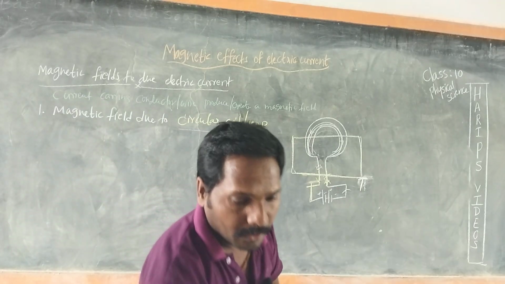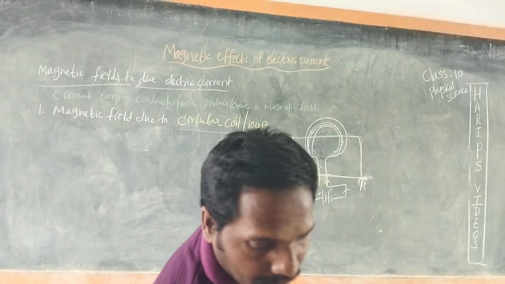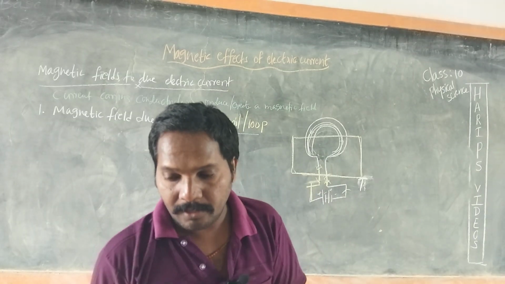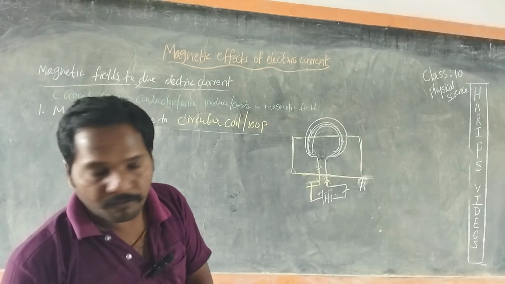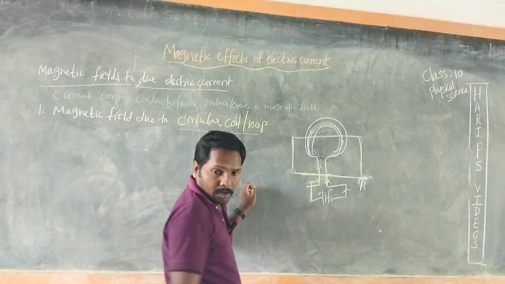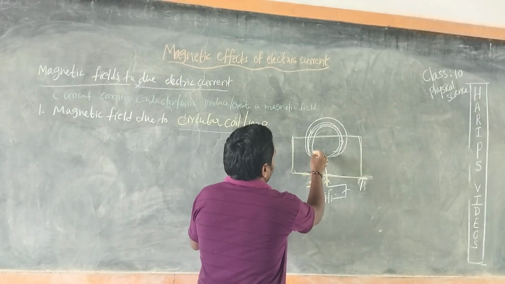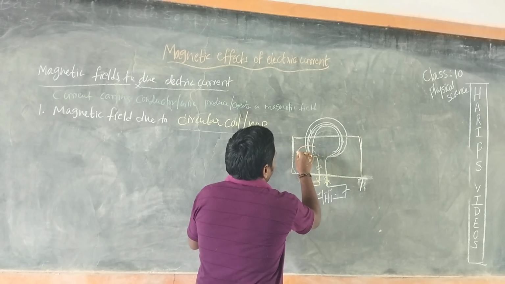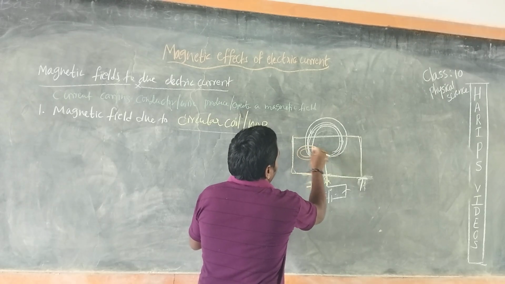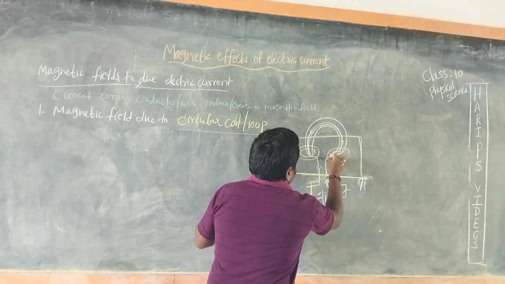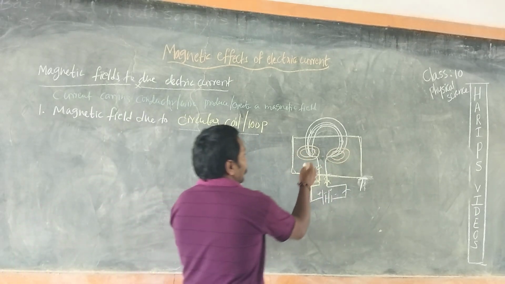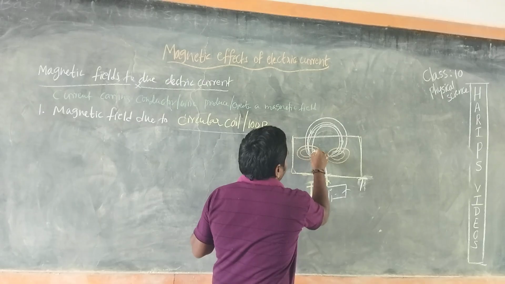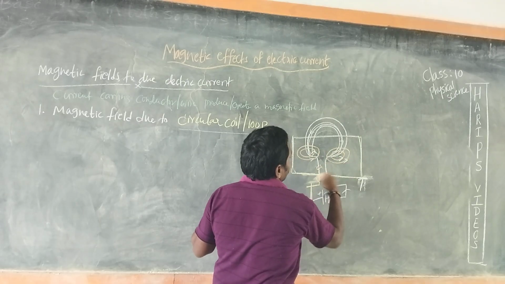Means in the case of a circular coil, the magnetic field is formed like this around the wire. In this way the current is passed, and in this way the magnetic field is formed.